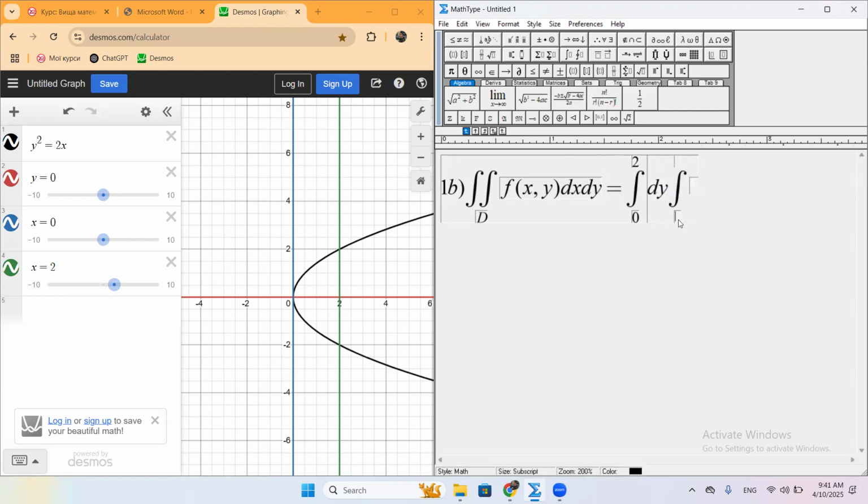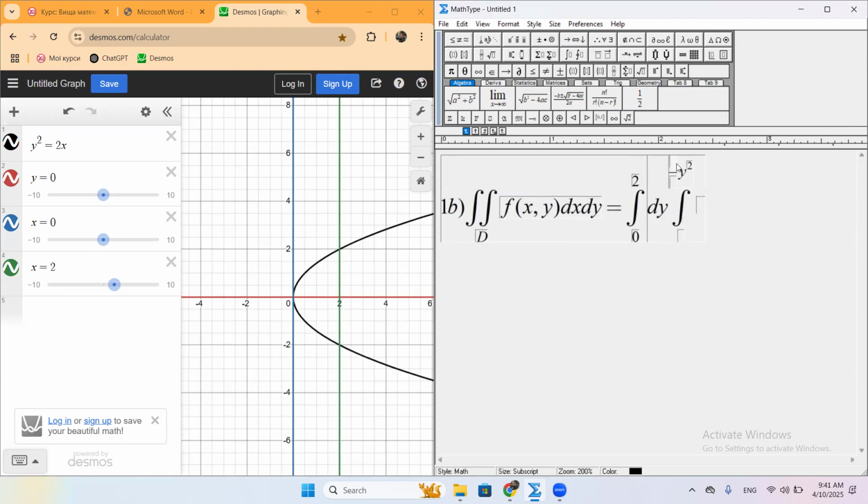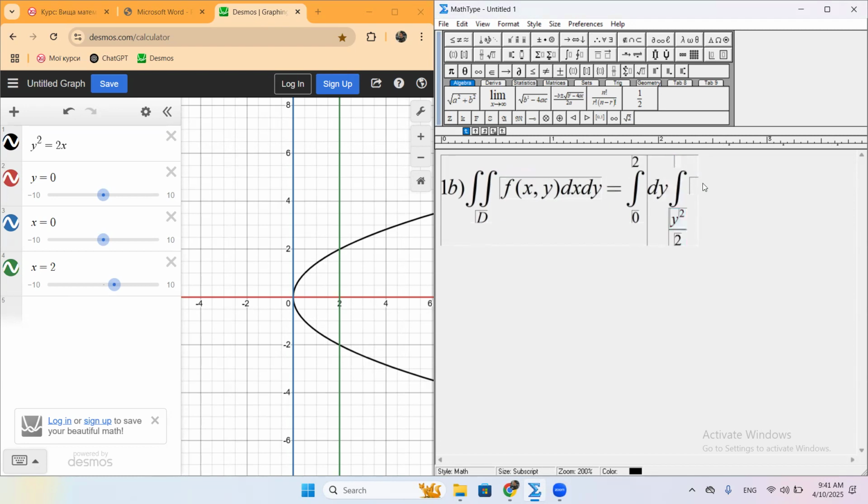And for x, we integrate from y squared over 2, which is the bottom limit, and the top limit is 2.